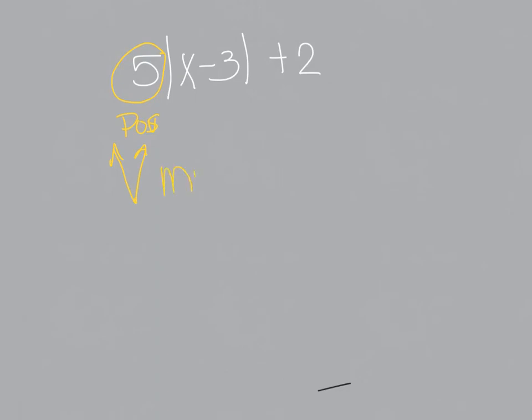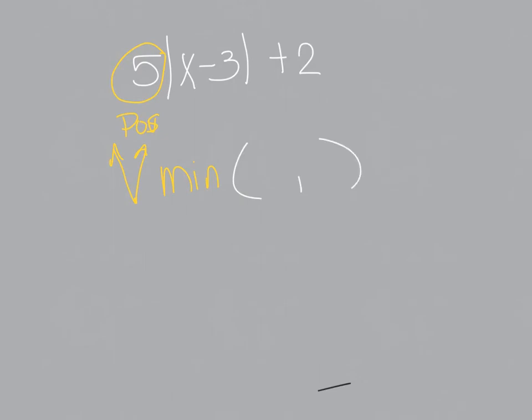Okay, let's look at number 23. 5 times the absolute value of x minus 3 plus 2. All right. So this number tells me that it's positive. So I have a V going up. So that means I'm going to have a minimum.